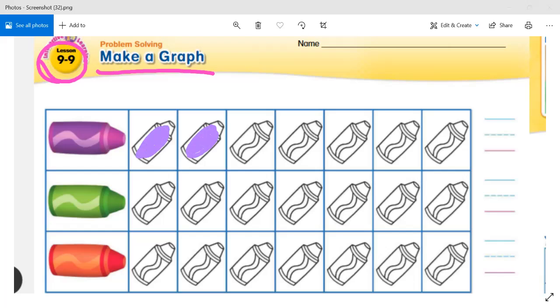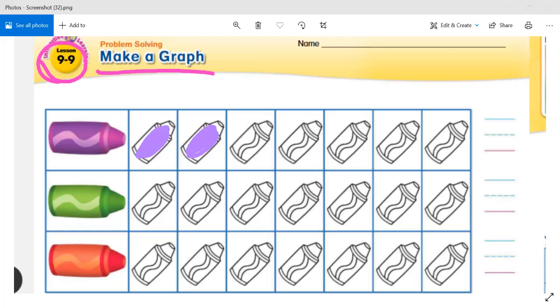All right, now, how many of you like green better? Now you can only raise your hand once. So if you already raised your hand for purple, you cannot raise it for green. So now let's say 5 of you raised your hand for green. So how many crayons are we going to color?